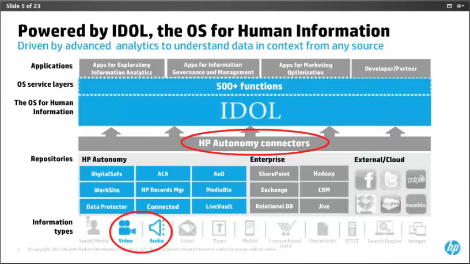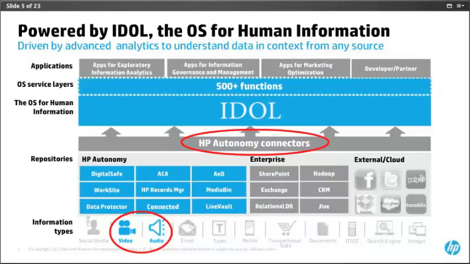The connector layer addresses over 400 different types of repositories and 1,000 different formats of information, all funneling that content into an intelligent data operating layer that can understand the information within that content. Having done so, we expose over 500 different functions that provide usability to applications to understand the information quickly and easily and in a scalable as well as common way.